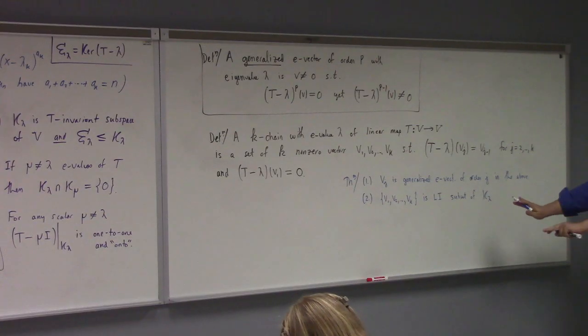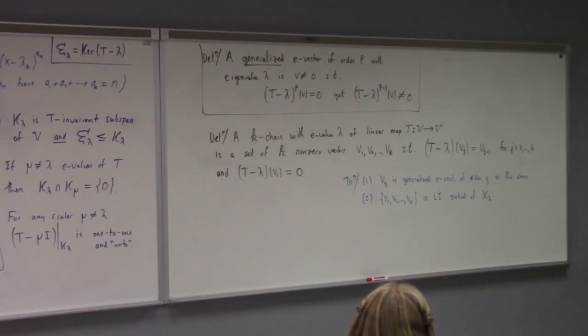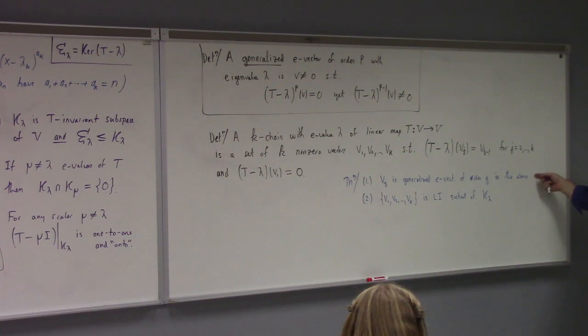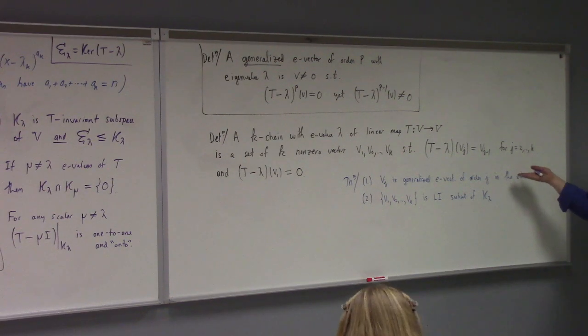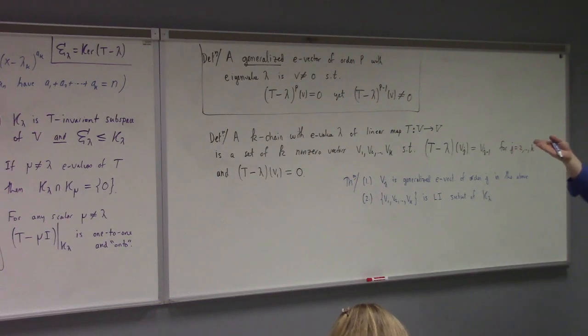Now the fact that it's a subset of K lambda is pretty obvious, because these are generalized eigenvectors with eigenvalue lambda by their very, well, that's not clear yet. But once we've proved part one, then the fact that it's a subset of K lambda is obvious, because part one proves that every one of these is a generalized eigenvector and as such fits in K lambda, right?